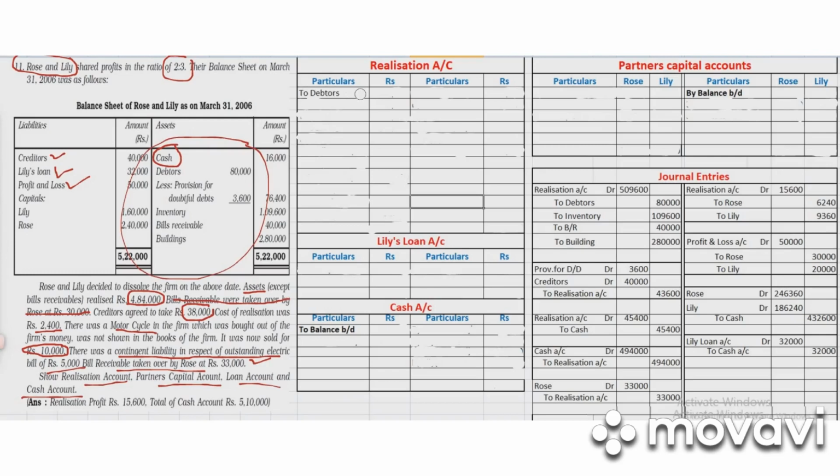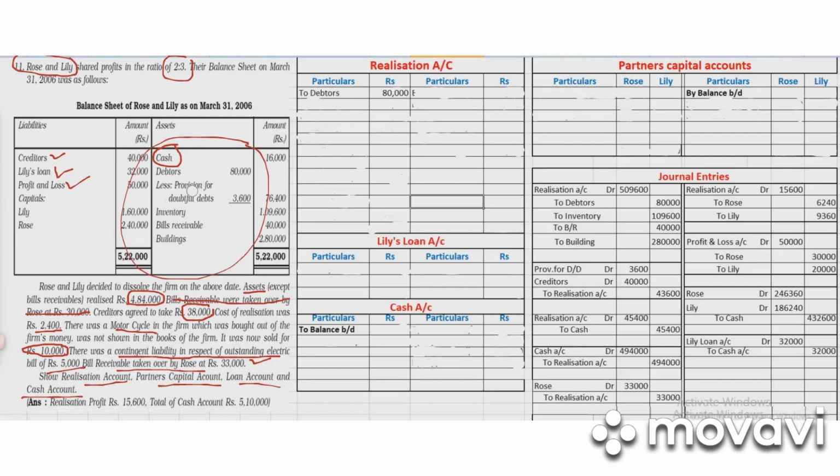First asset, debtors. When you write debtors, you take the gross value, 80,000. Don't put this 76,400. Take the gross value, the bigger amount, that is 80,000, and put it here on the debit side.